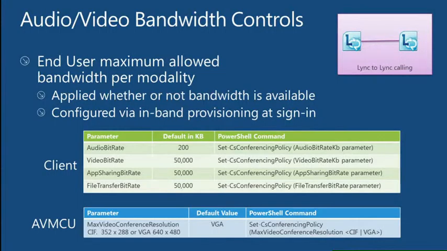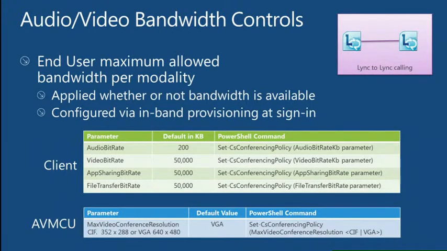You've got a bunch of ways that you can control this bandwidth. We're going to talk about some of the ways to policy it across your wide area network with call admission control. We're going to talk about some ways to prioritize it with DSCP a little bit later when we get into the networking pieces.